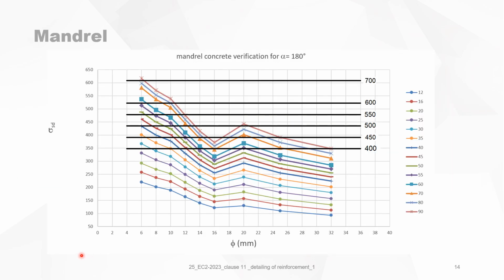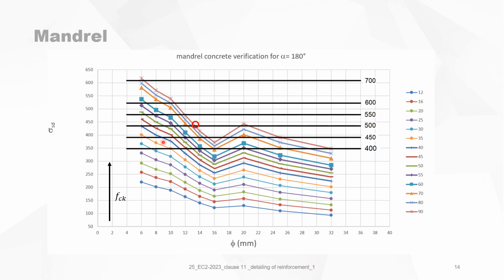Now we can look at all cases again for the different concrete qualities, and the concrete quality goes up from bottom to top. And you can notice immediately that in most cases, you cannot use a pin to its full capacity. Even for high strength concrete of C90, the maximum allowable pin diameter is less than 14.